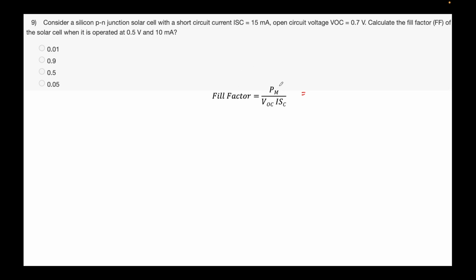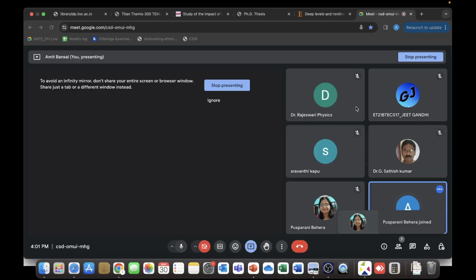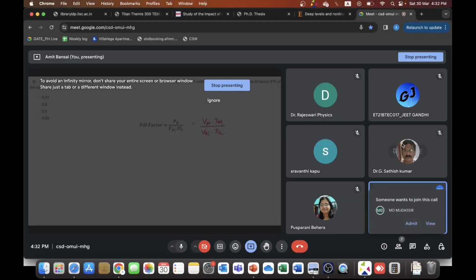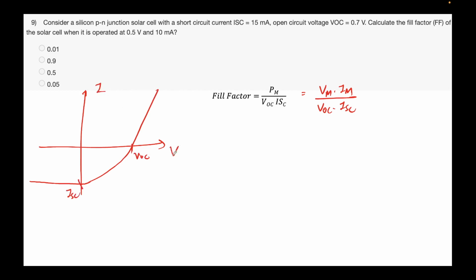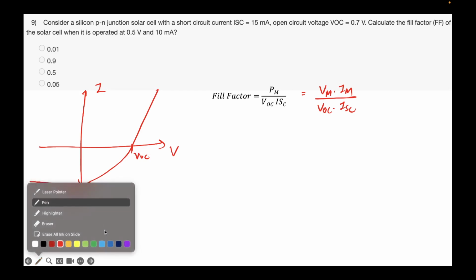So PM is nothing but VM times IM. VOC, ISC, this is I versus V. Sorry about this, 1 second.